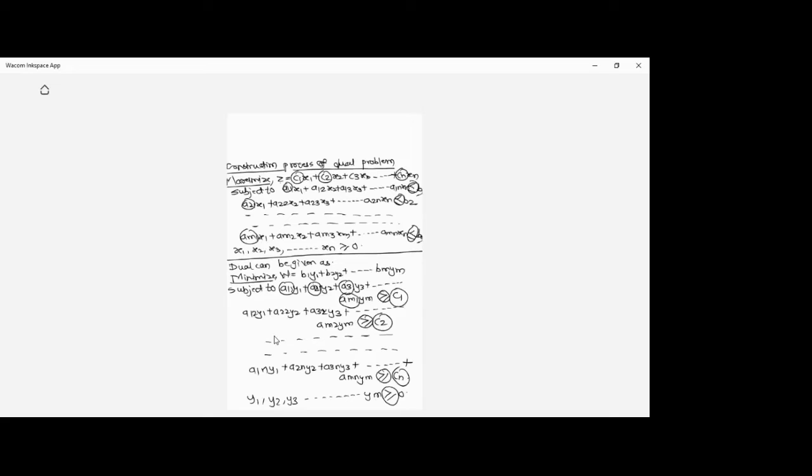If you see the second constraint in your dual, it is the addition of a12, a22, a32 till am2. So there is some relationship appearing, and now I'm going to tell you how to convert a maximization problem into a minimization problem.